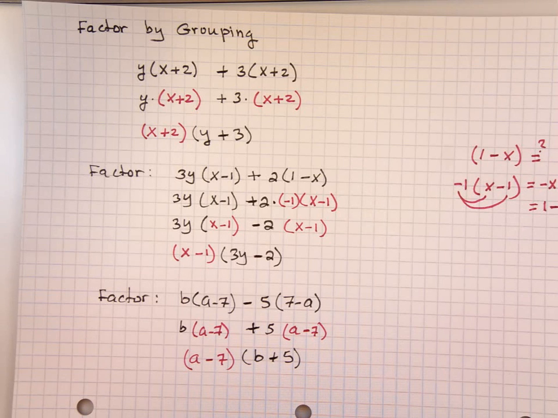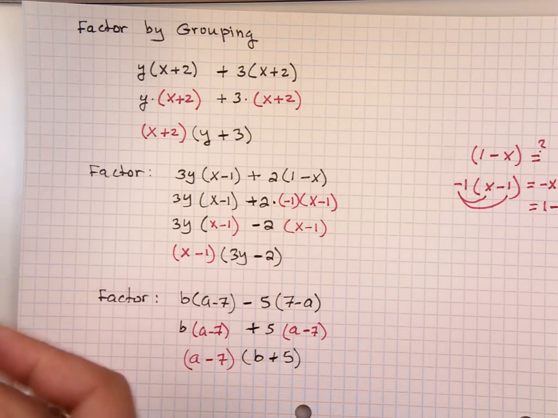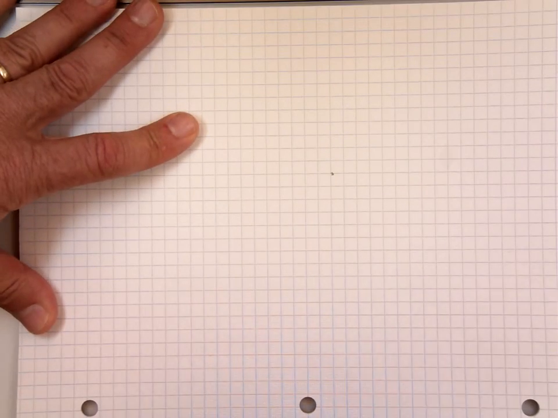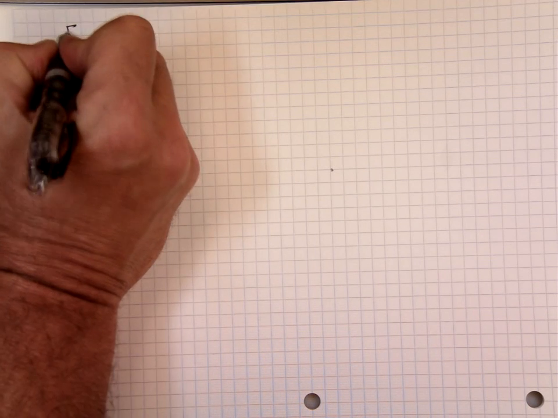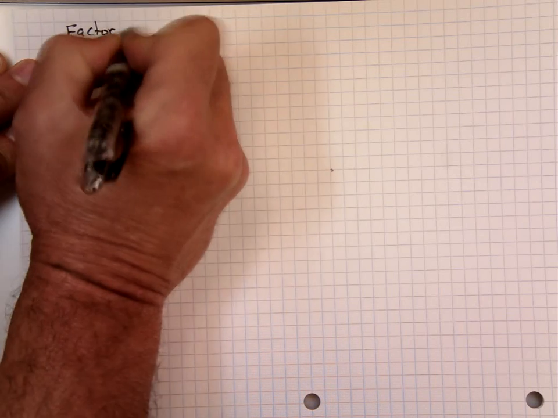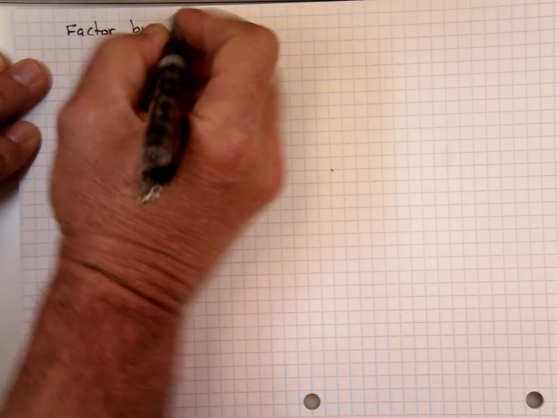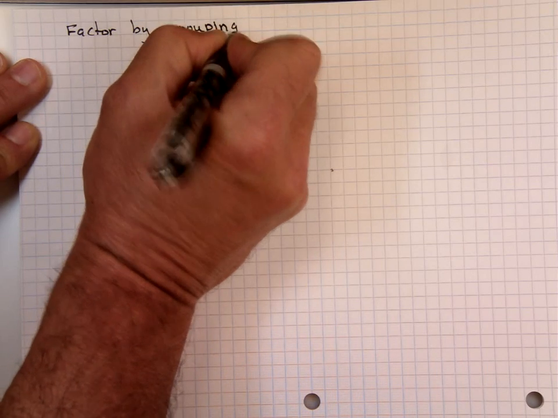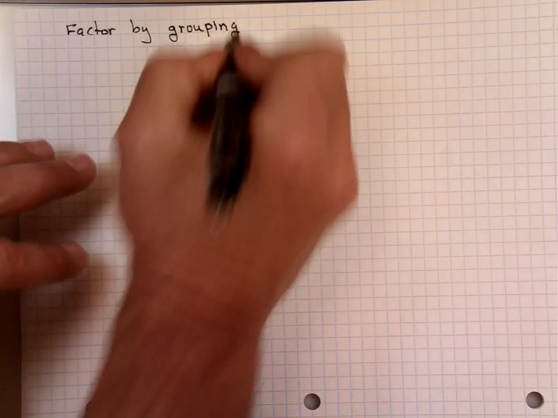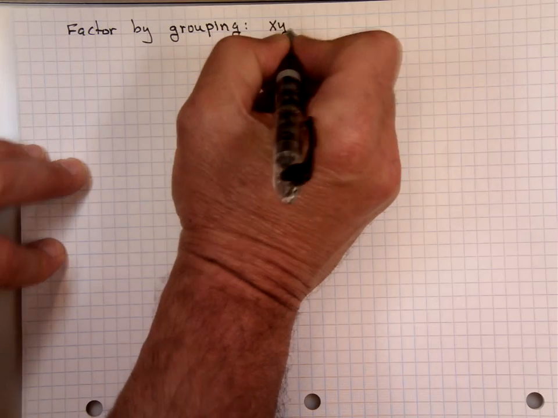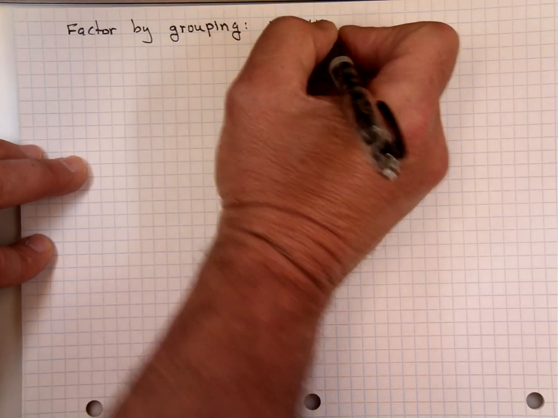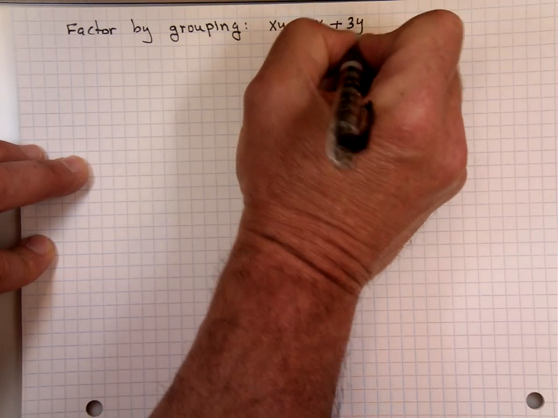The factor by grouping really applies when you have 4 terms, not this one here. Here is factor by grouping. xy minus 4x plus 3y minus 12.